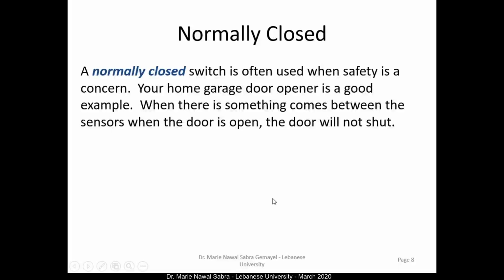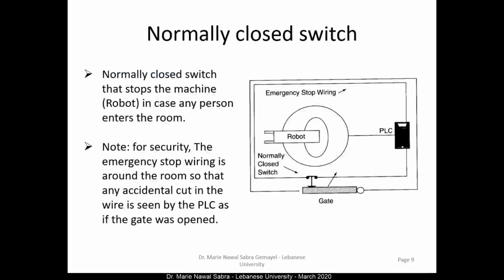Normally closed, as I just said, is the opposite logic. It's always closed except when I want it to open. So we have an example here. We have a robot that's functioning inside, maybe controlled by a PLC. The current of the PLC is connected to a wire, and as you see, the wire is going all around the room.